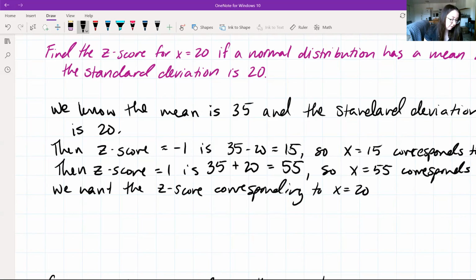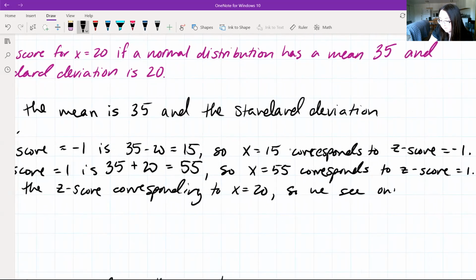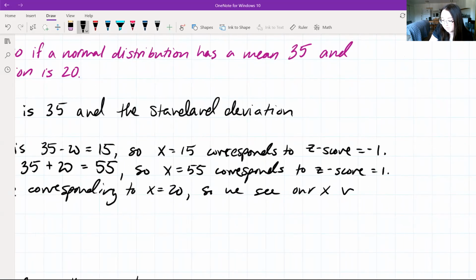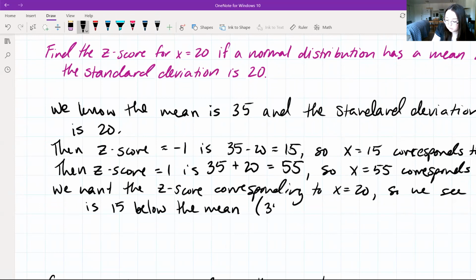So we see that our x value is 15 below the mean. And this is because we see that 35 minus 20 is going to be equal to 15.